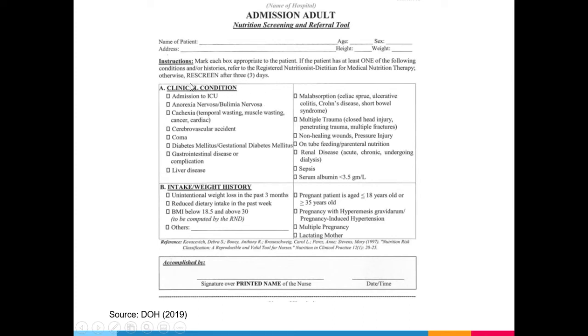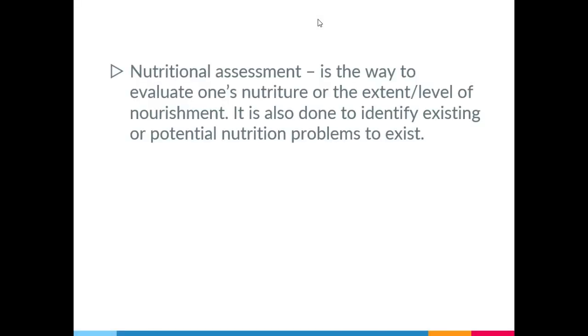But if admitted yapon siya after 3 days, then i-rescreen dapat siya balik. Okay? Kay basig na-develop na ang mga symptoms and then dito pa siya ma-prioritize. Okay? So naay form for adults na asid sa PDA no. Okay?